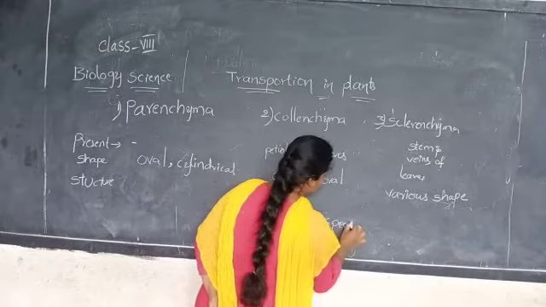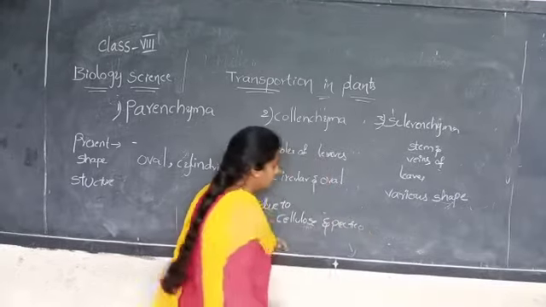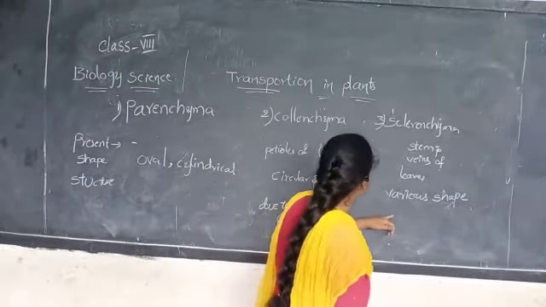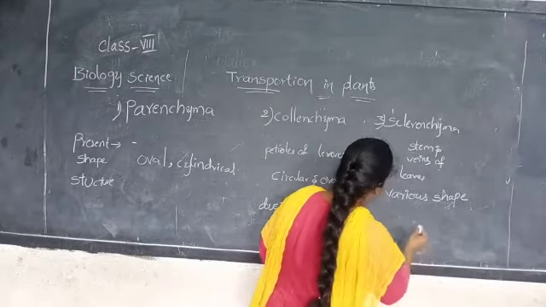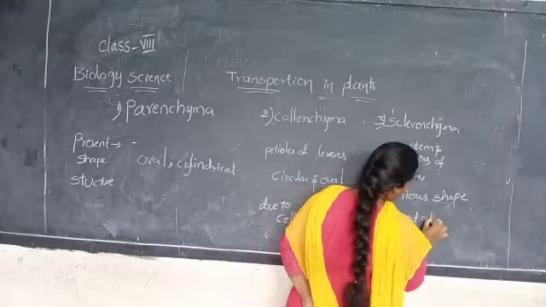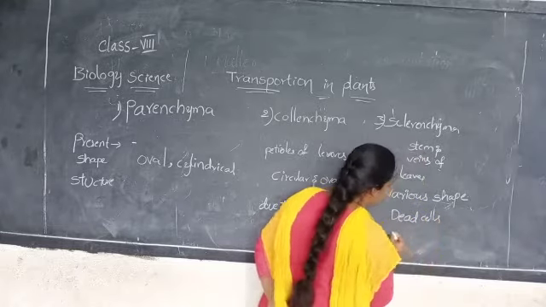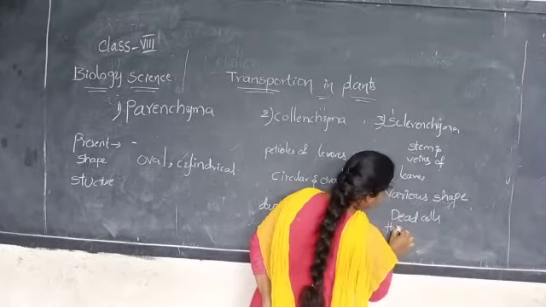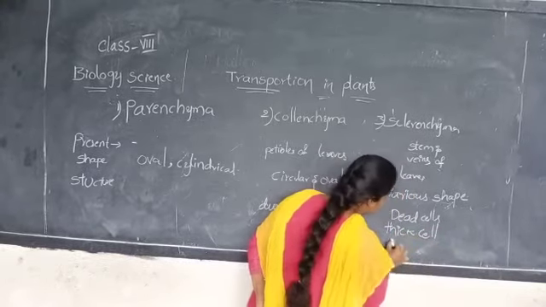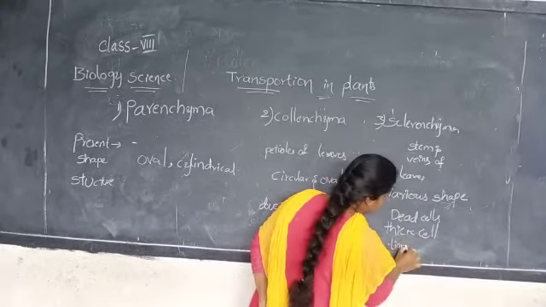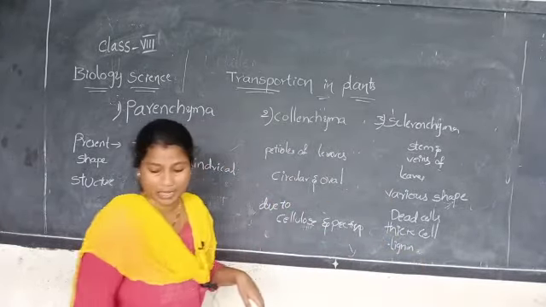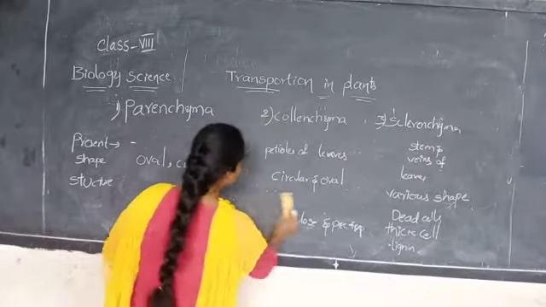In sclerenchyma, due to the presence of lignin, it also has a thick cell wall.